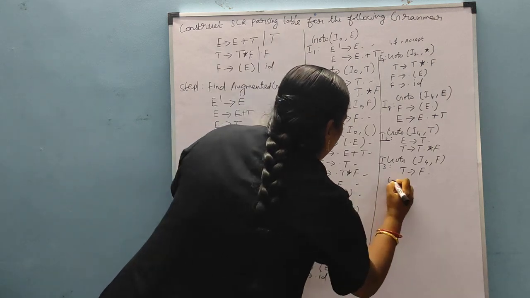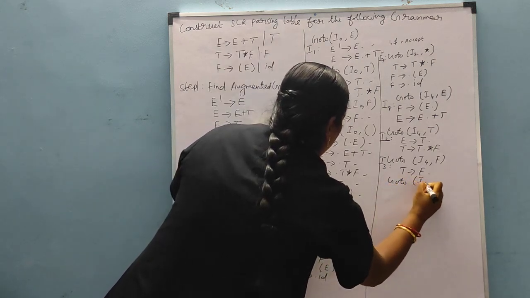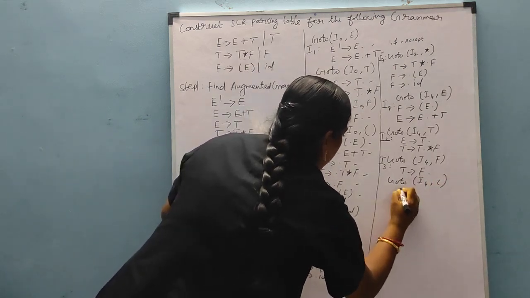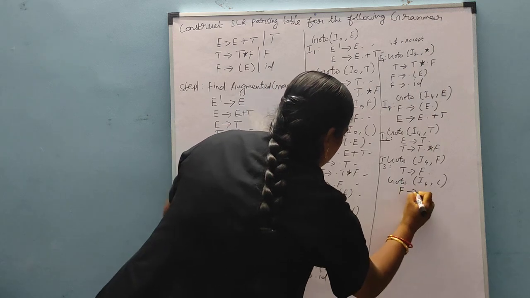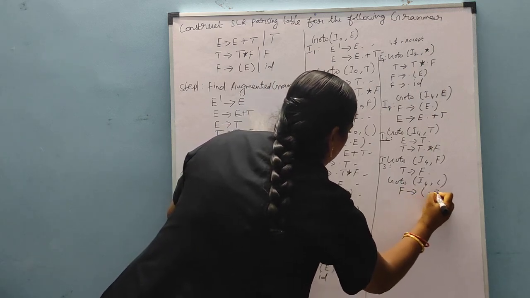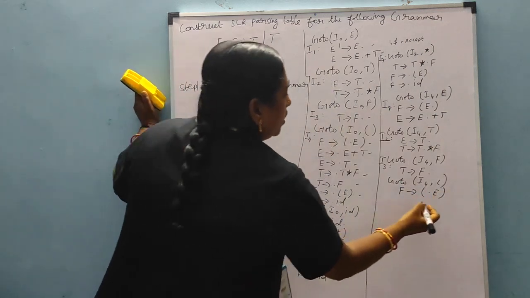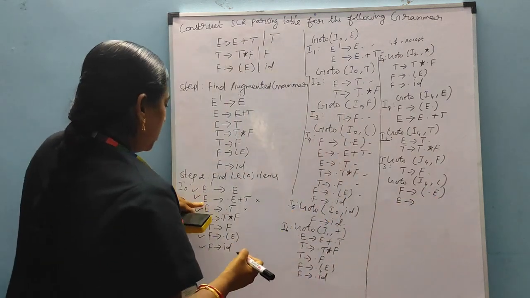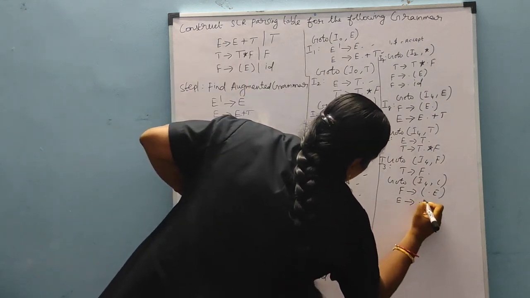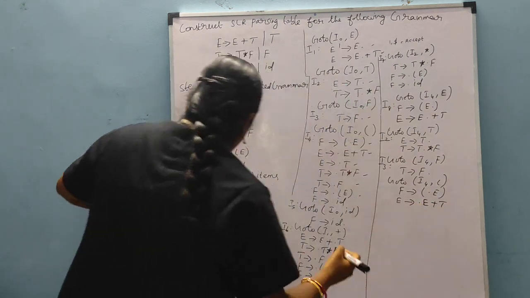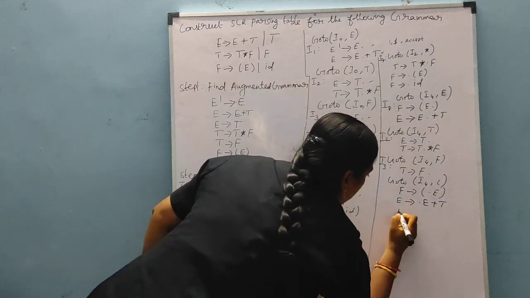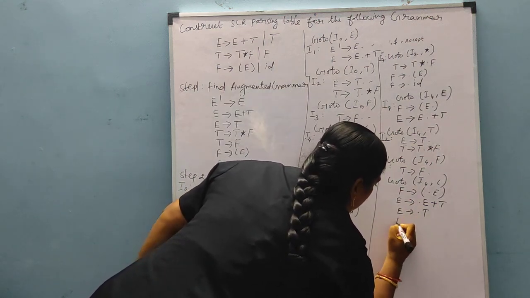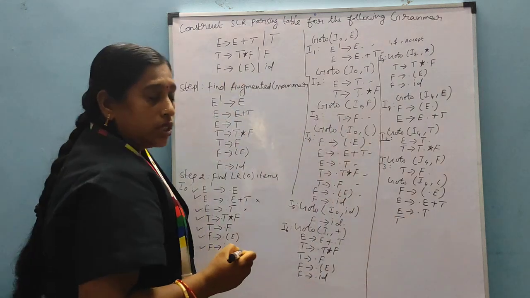Next one, go to I4 comma open bracket. For this movement, yes, only one: open bracket dot E, close bracket. After the movement, non-terminal E is present. So I have to add the E productions from the I0 state. Dot E plus T. Next this one, E tends to dot T. Then add the T productions. What are the T productions?